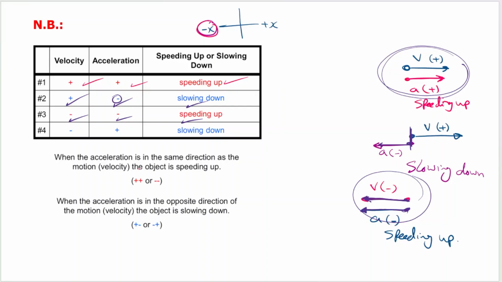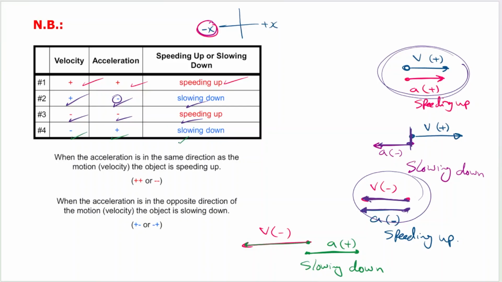But if the object is moving to the left, so the velocity is negative, and it is affected by acceleration to the right, so acceleration is positive, this object will slow down. Because you are giving this object a force in the opposite direction of its motion, so the object will slow down.